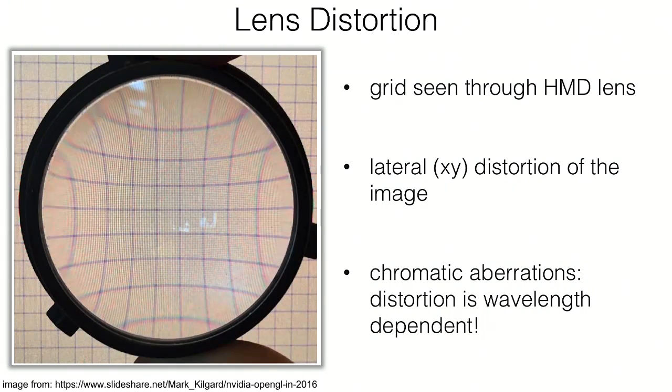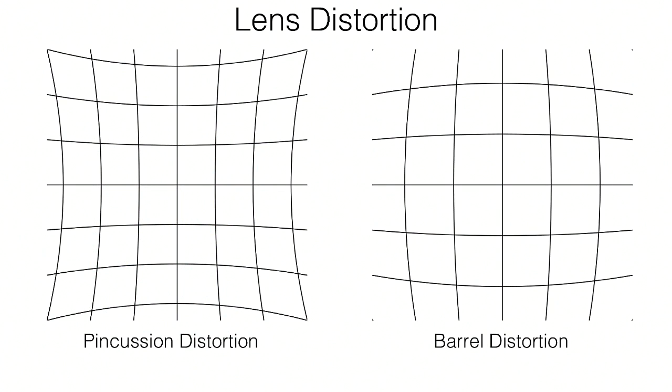If we were to just display something on the screen and look through this lens, we can see that the straight lines that we're expecting to see, especially near the edges of the lens, start being curved, not straight anymore. This is a type of pincushion distortion that we would like to correct for in software. We can do this by introducing the opposite distortion, which is the barrel distortion.